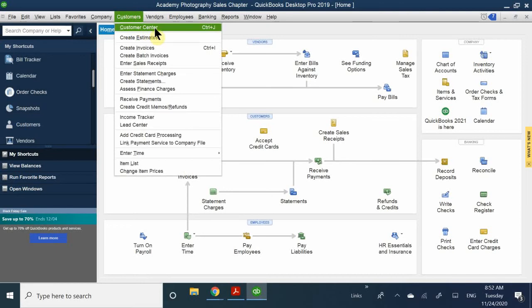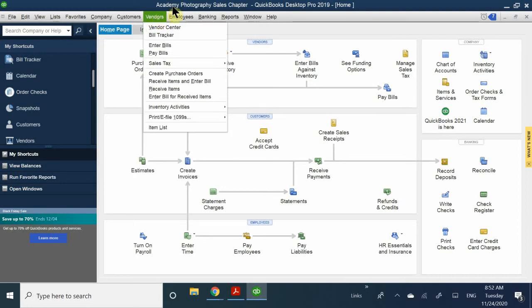All right, now that's just how to get to the customer center. Now, how to enter in a new customer. There's the exact same 3 ways, right? How to get to the customer center in order for you to enter a new customer.